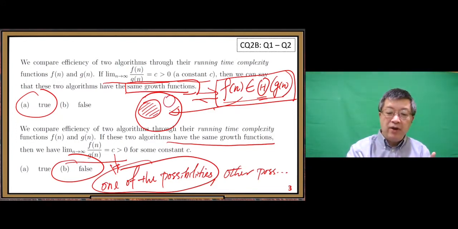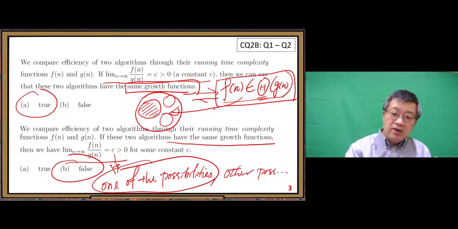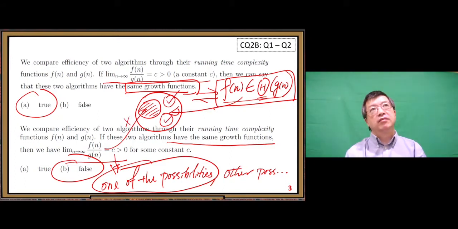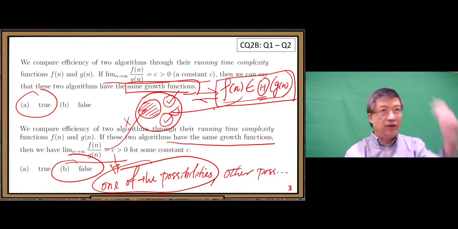We may have other places in that set. That means the condition for this one may not be satisfied, but we can have other conditions satisfied.